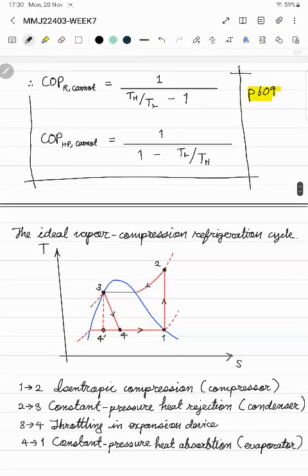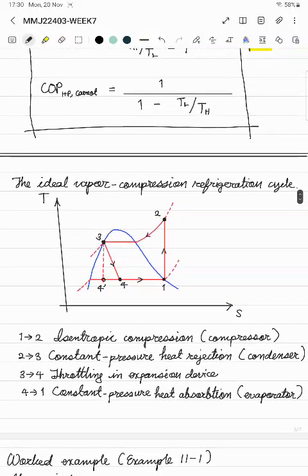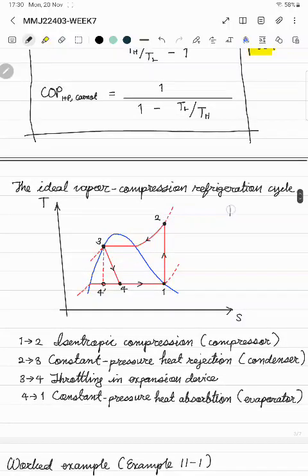So with that in mind, let's move on to our worked example. Obviously it's a lot easier to learn from an example rather than from the abstraction. So this is on page 612, example 11.1.